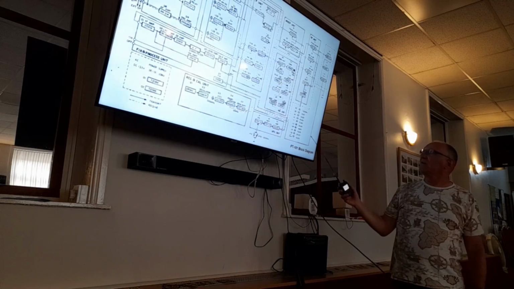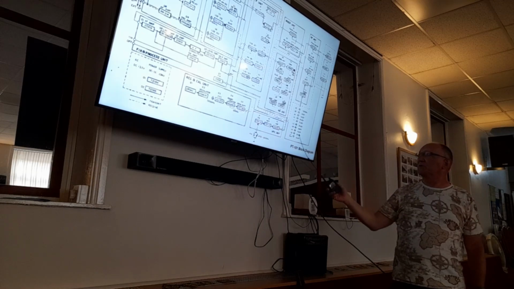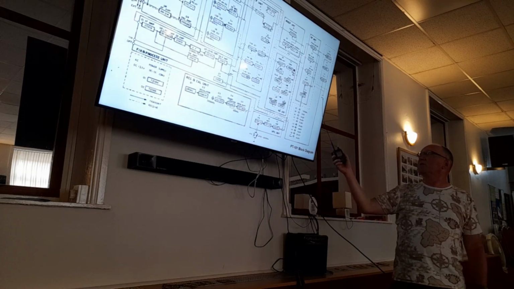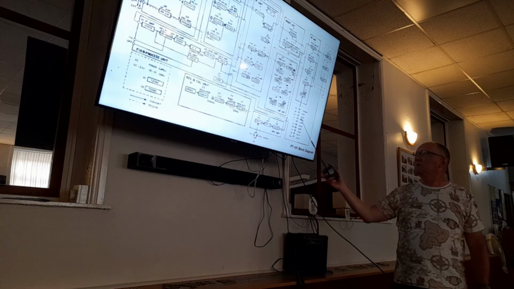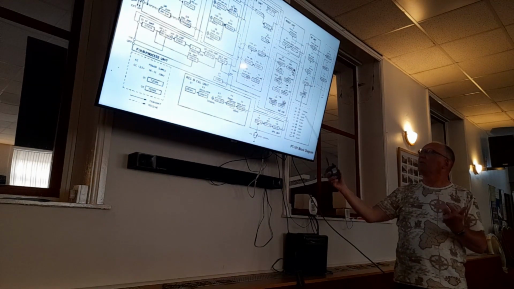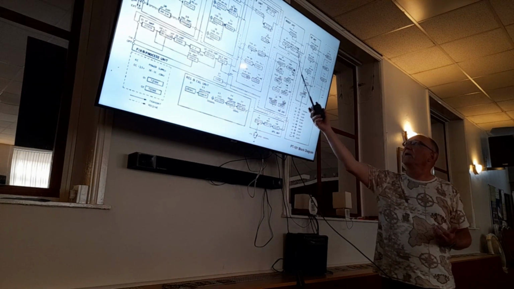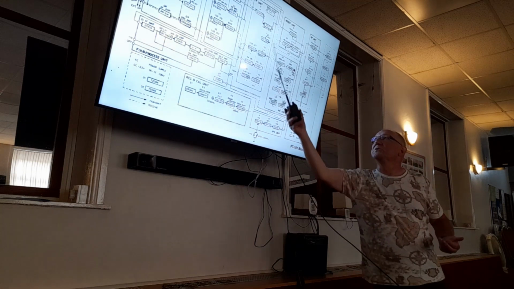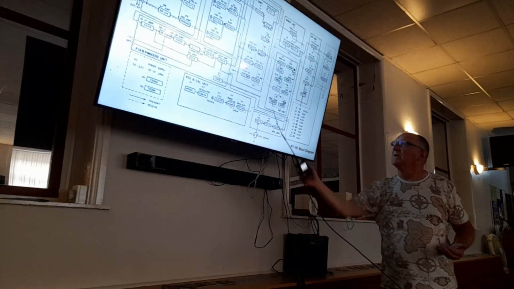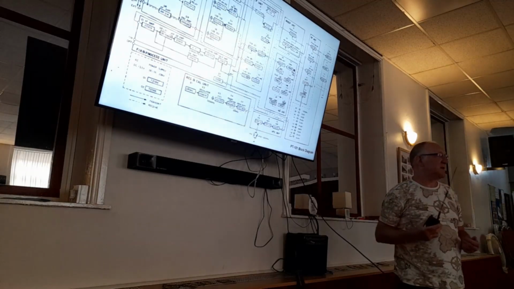So if you sit down and do the maths on these, you think 40 meters, and then look at the 40 meter crystal and get your calculator out, you'll find out from those frequencies that it all works out. And that's how they do it.